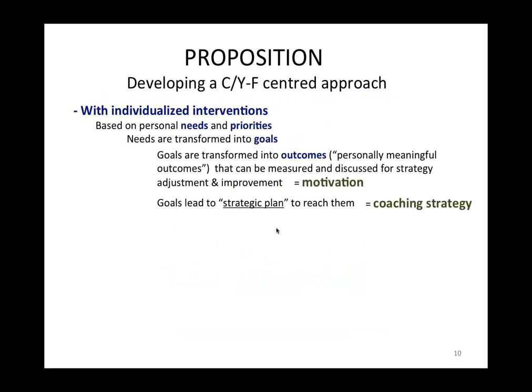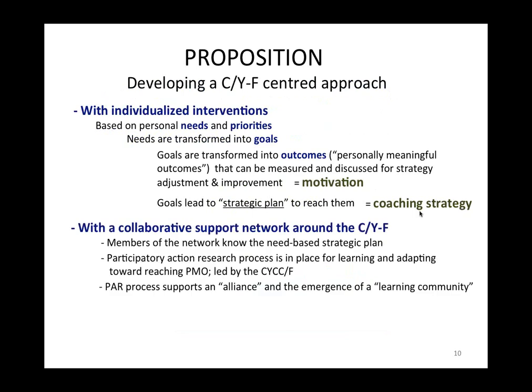So this approach promotes motivation, and the goal aspect is related to a coaching strategy. In coaching, you always start by identifying the goals in order to build the strategies and then equip the individual to make them successful in reaching their goals.